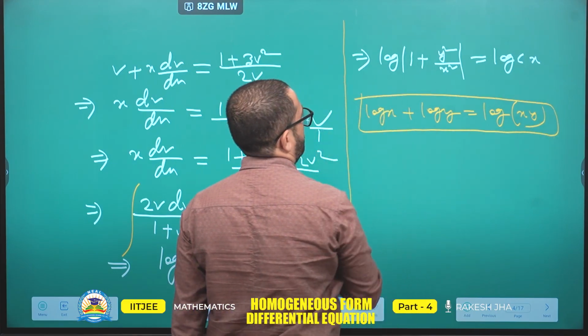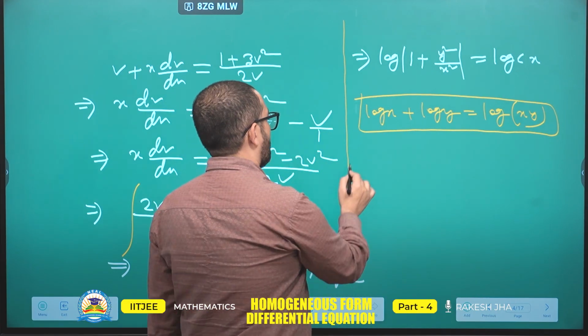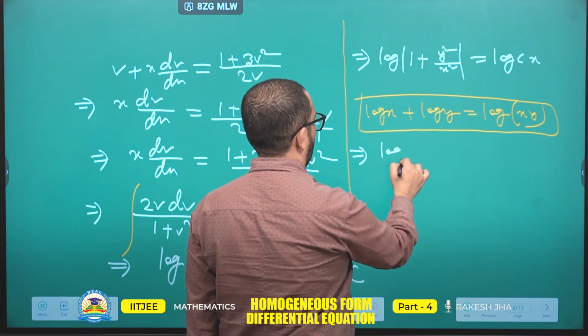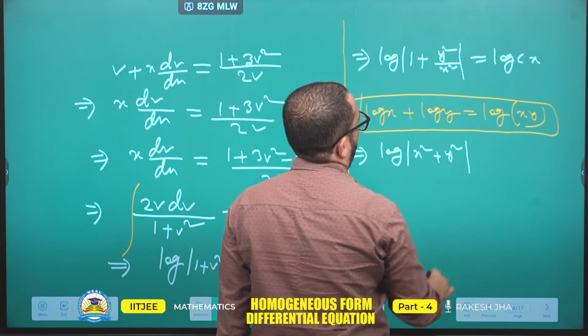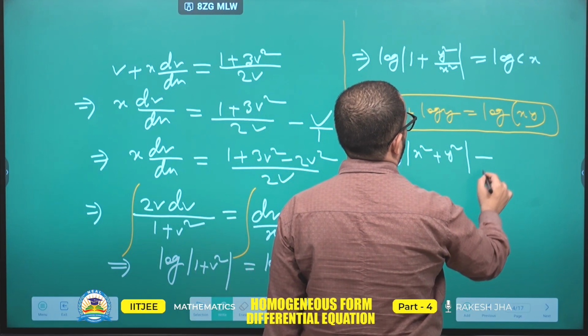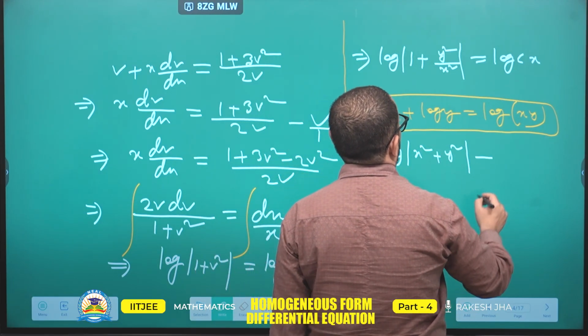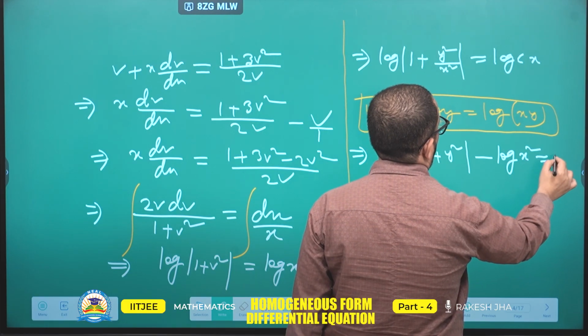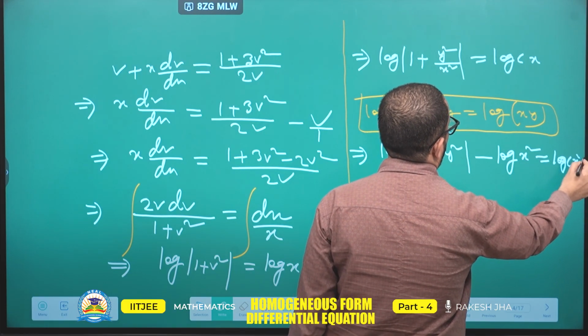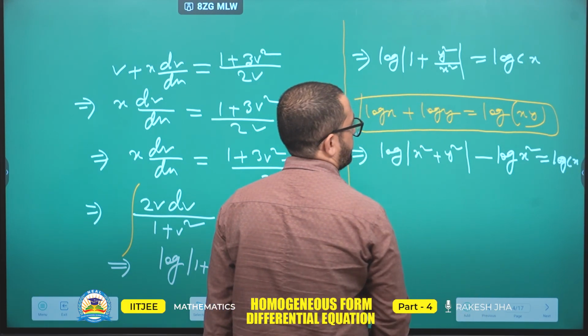So we are going to use this. Now the next step would be log (x square plus y square) minus log x square is equal to log cx, basically cx.